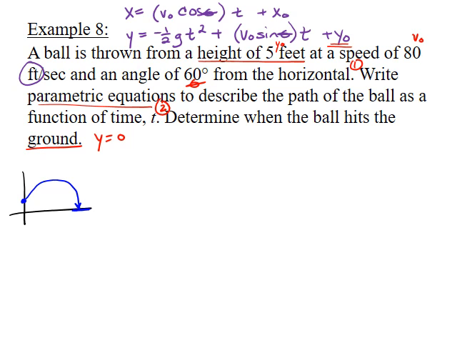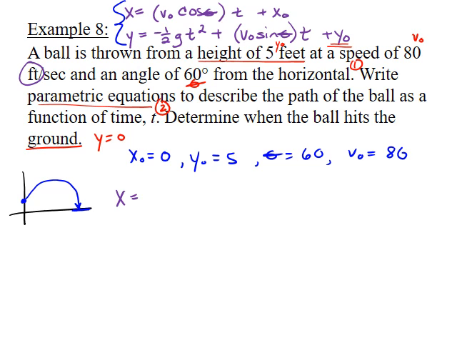Okay, so the initial time is 0 when the height is 5, theta is 60, and the initial velocity is 80. So this is what we need to plug in to our base equations, so I'm going to do that now.